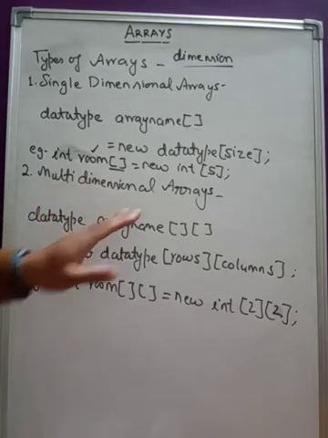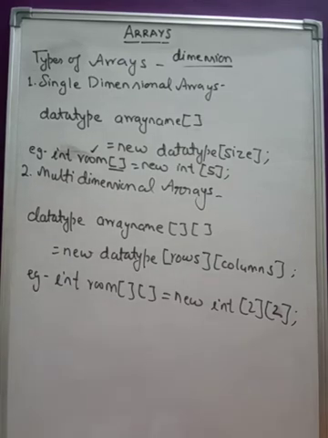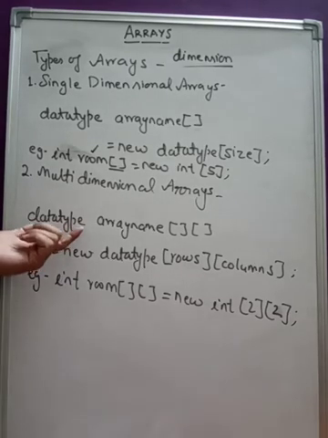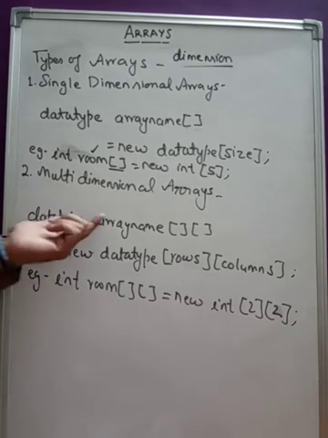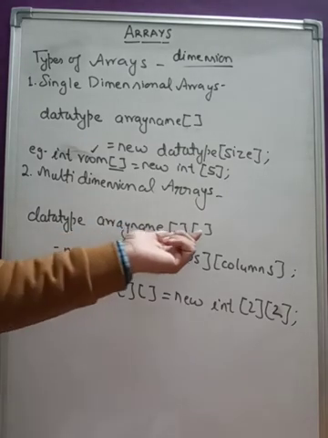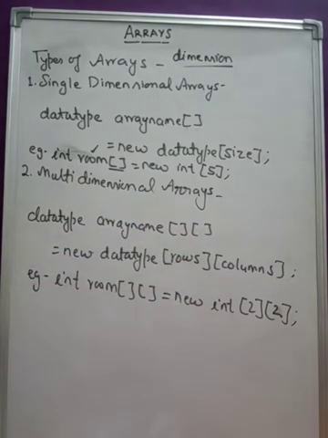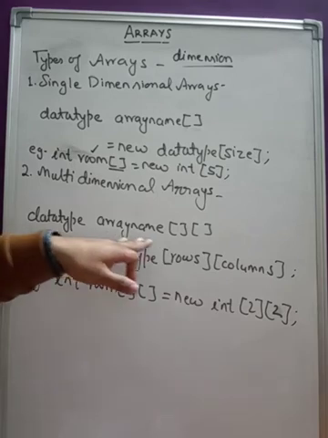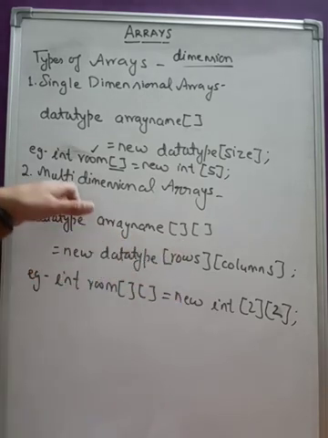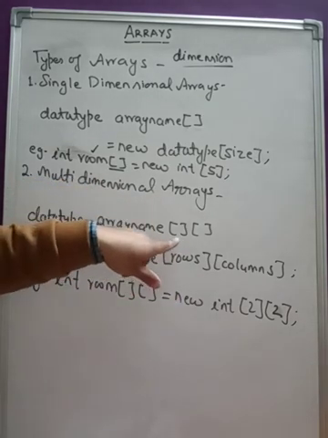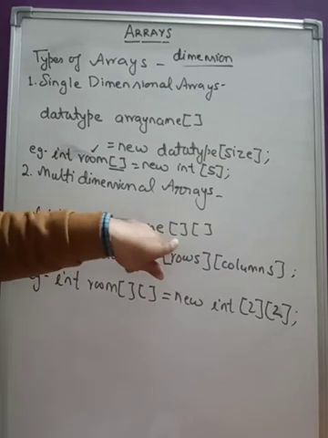To declare a multi-dimensional array, first you write the data type of the array, followed by the array name, followed by the square brackets. Here we have defined a multi-dimensional array, so you can see the number of square brackets is more than one.